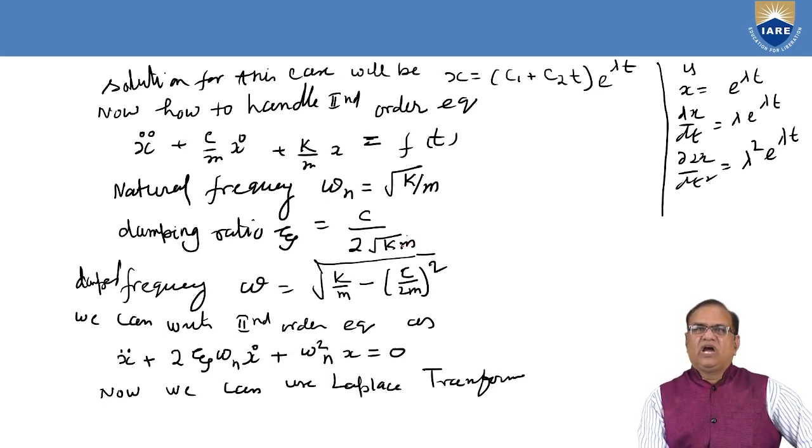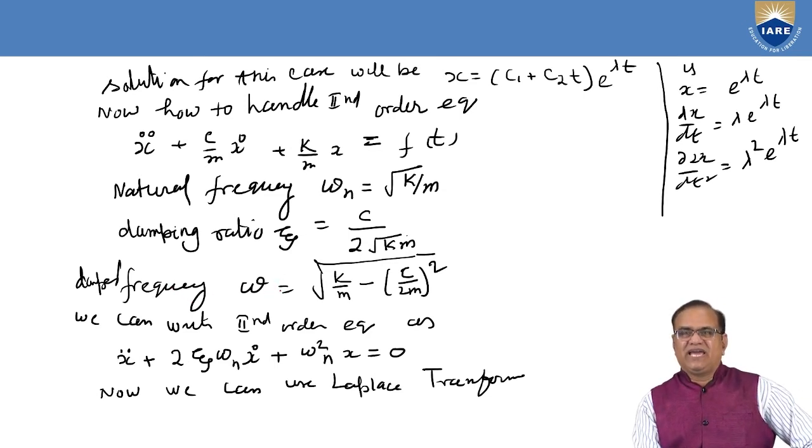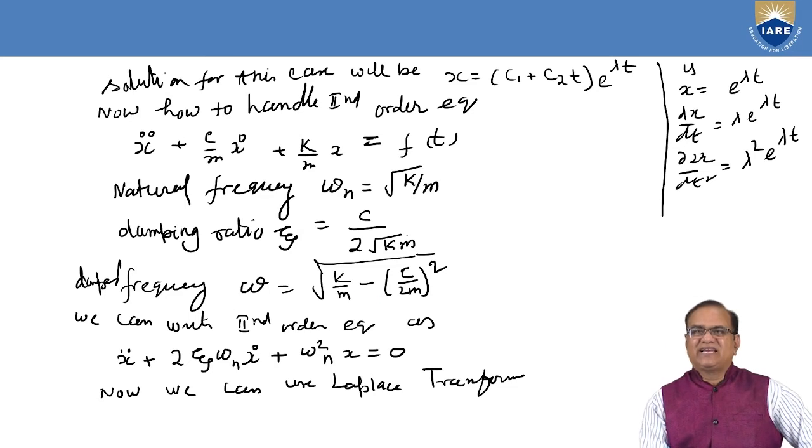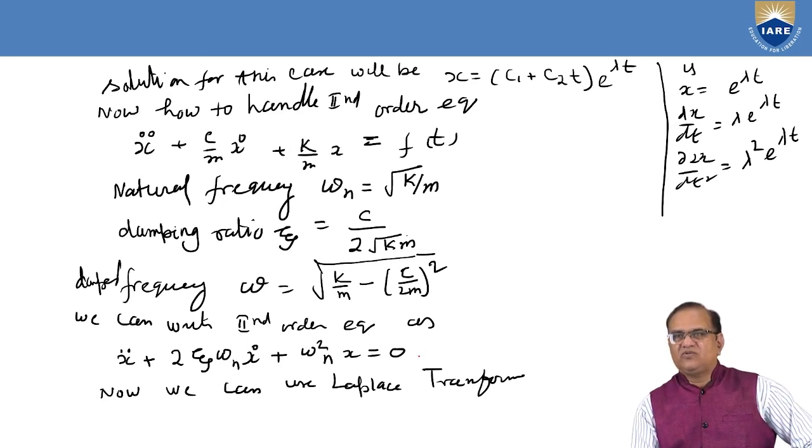The damped frequency omega d is equal to omega n under root 1 minus zeta square. So we can write the second order equation as x double dot plus 2 zeta omega n x dot plus omega n square x is equal to 0.